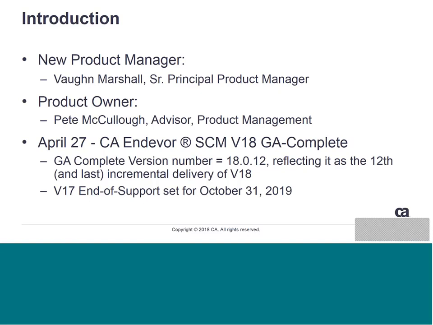That said, our customers have all indicated that because some of their efforts to upgrade Endevor involve a lot of testing, especially if they've got custom processes and so on, that 12 months might not be long enough. So we heard that feedback, and for Endevor, we've actually made it 18 months, and that basically puts V17's end of support date at October 31st, 2019.